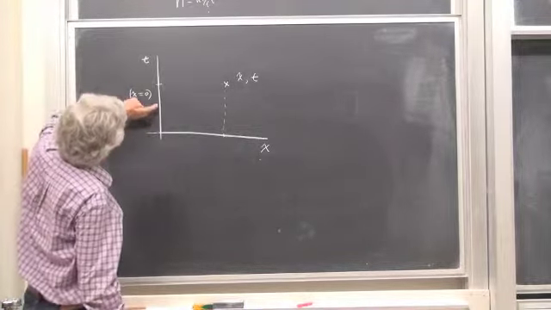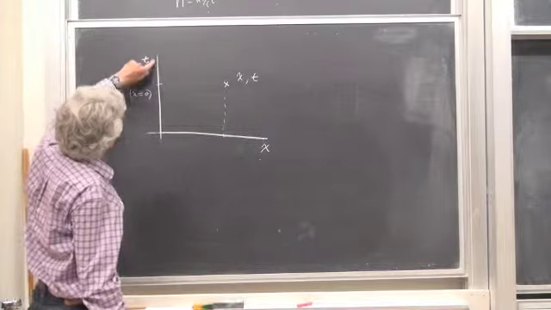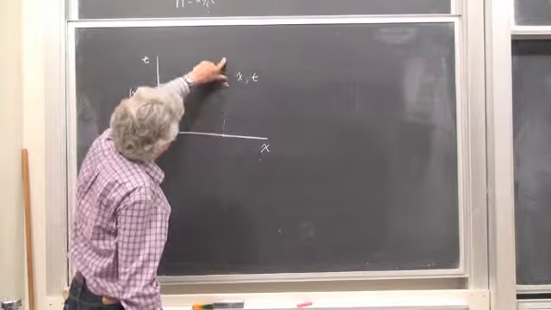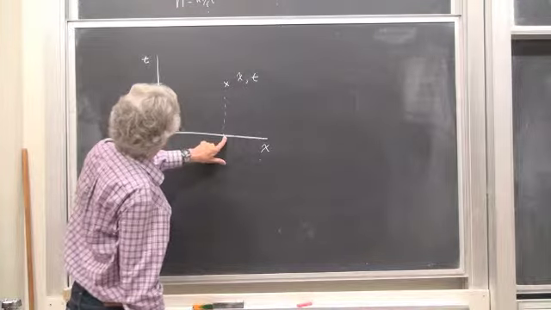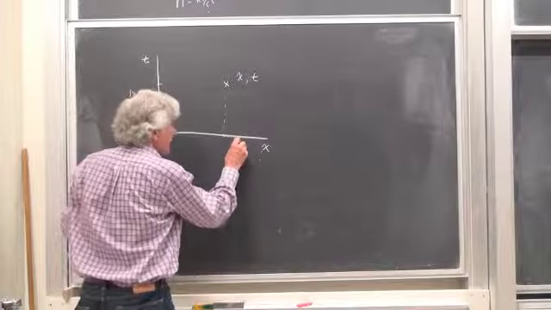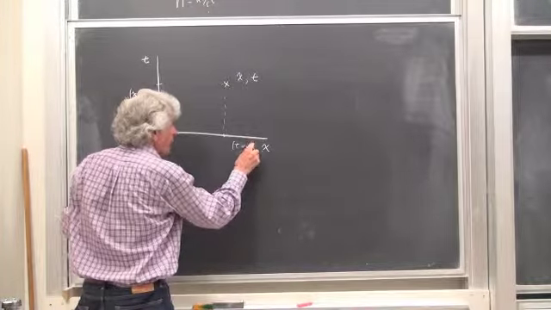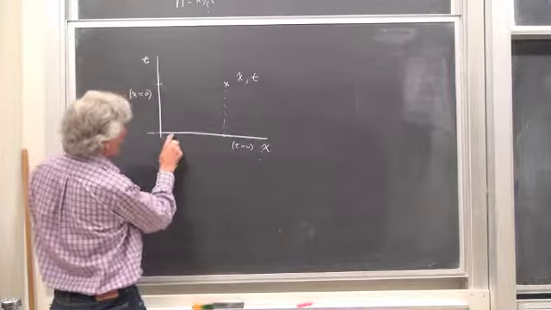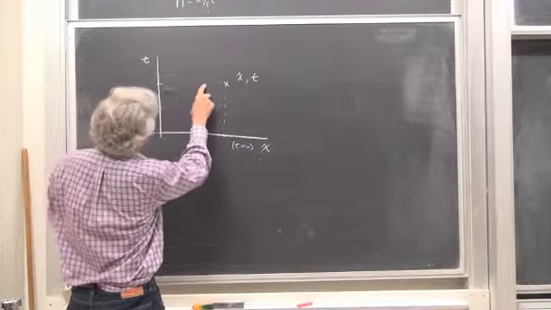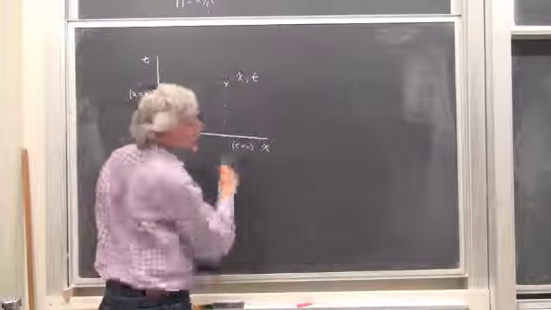In other words, everything happening along here happens at x equals 0. Likewise, anything that happens along here happens at position x. Correspondingly, the x-axis is represented by t equals 0. Everything that happens along here happens at time t equals 0. Anything that happens along here happens at time t.